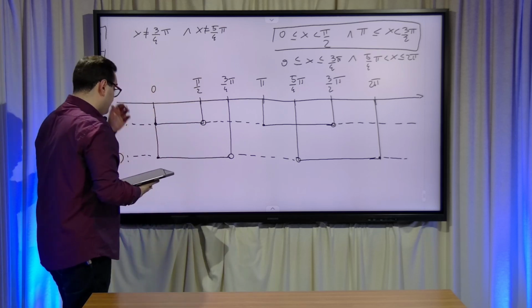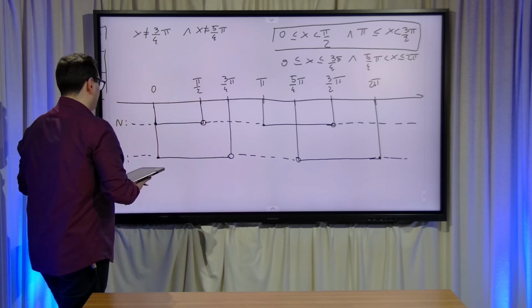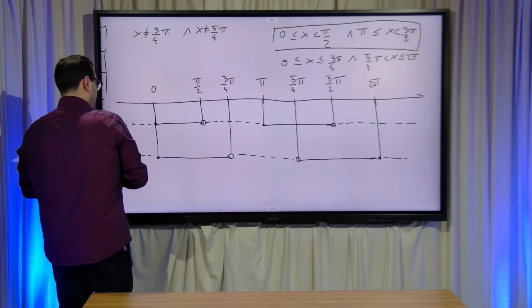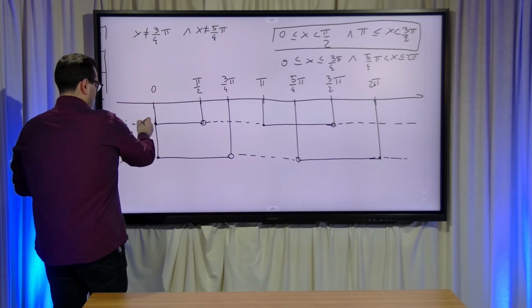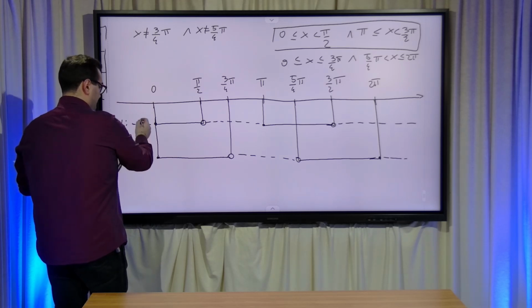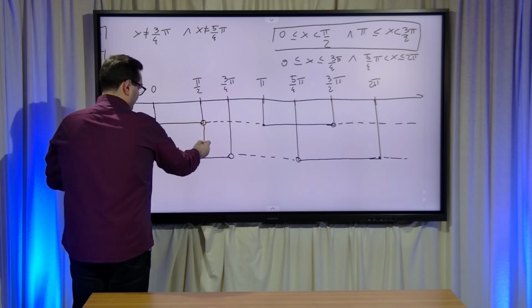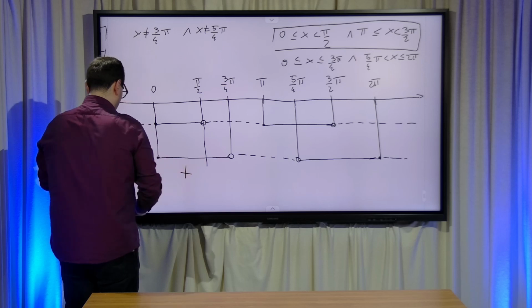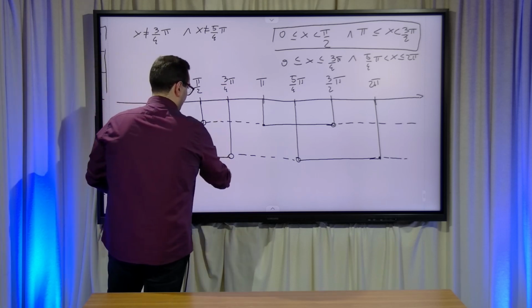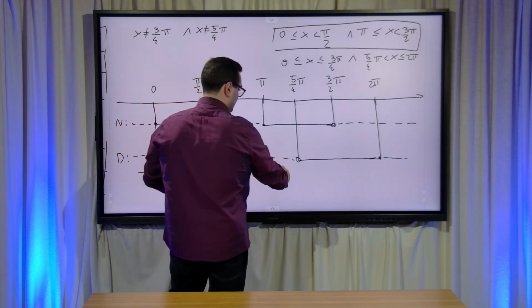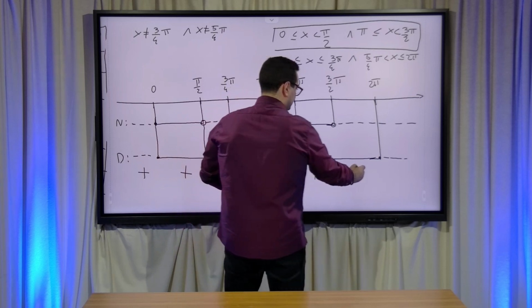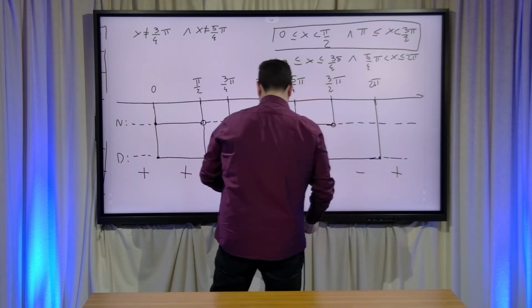Okay, now I will compute the sign rule, so this is a minus, this is a minus, I got plus. Here I got plus, minus, plus, minus, plus, minus, plus.